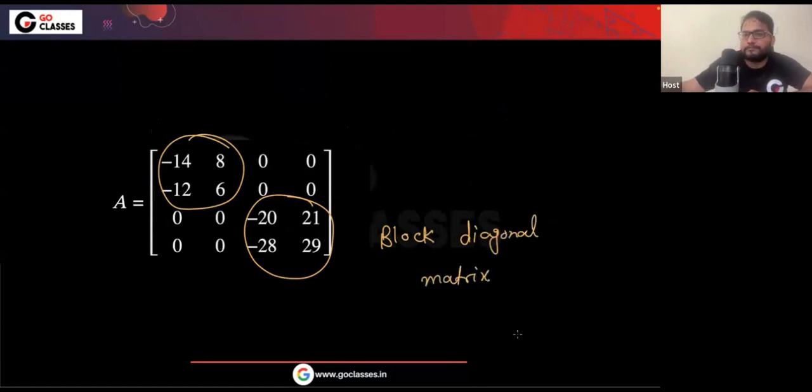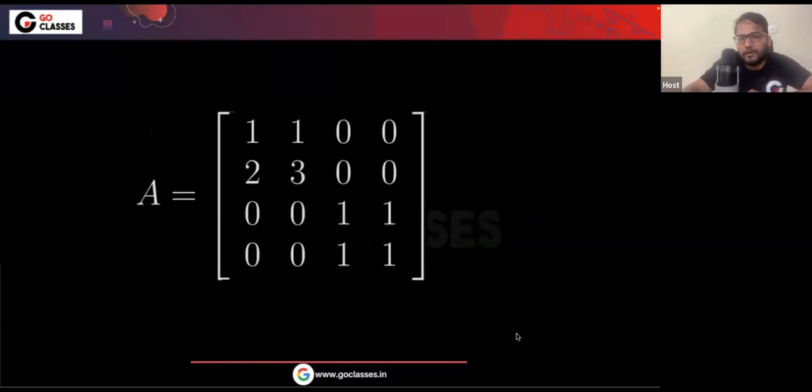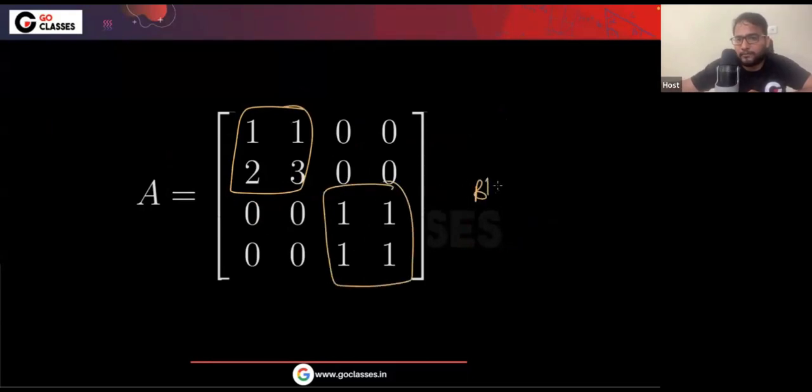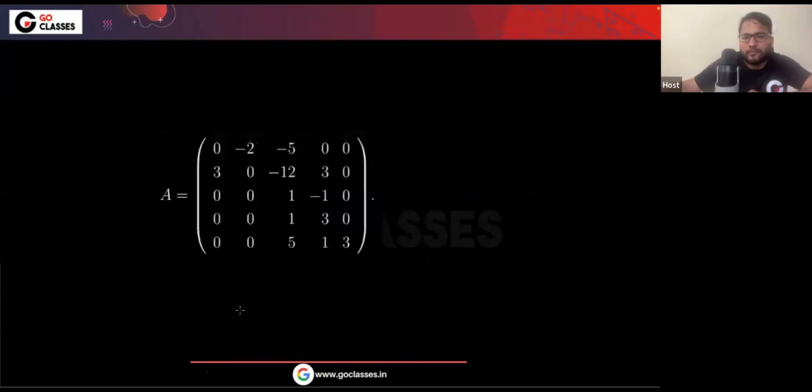Now just tell me what kind of matrix it is. This is also a diagonal matrix, right? What about this? If you just partition it, this will be one partition, this will be another partition. I think this is upper triangular.